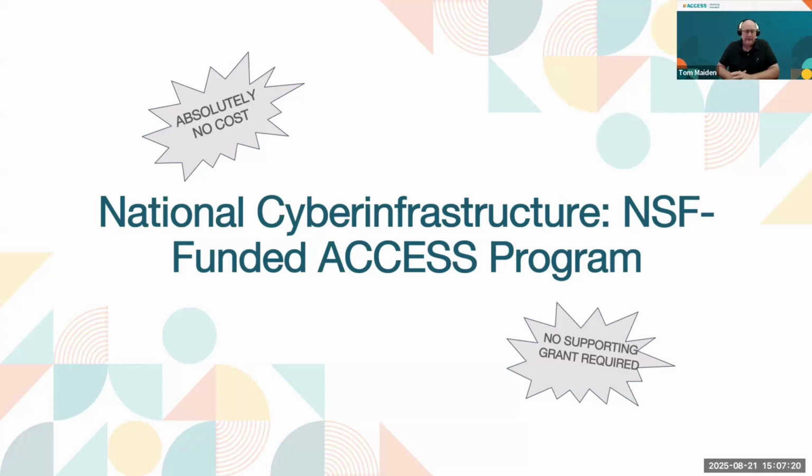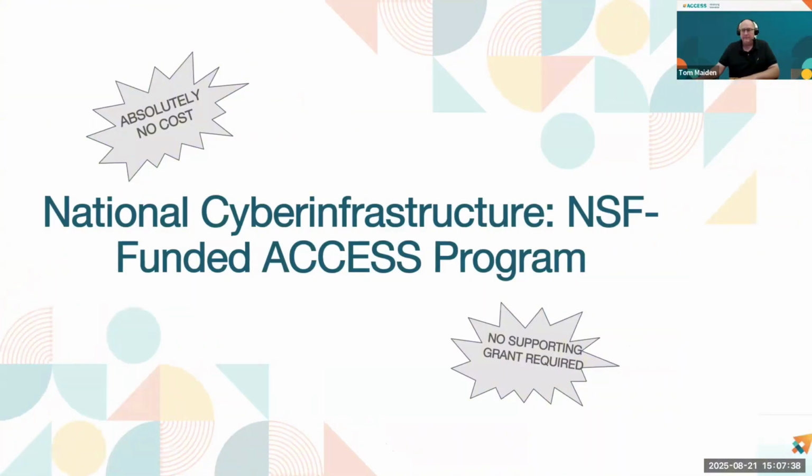What you do have to do is submit a proposal and tell us what you're going to do, but I'll get to that a little bit later. In earlier instances of this program, a lot of that had to be tied with other supporting grants, but I'll get to that in a moment as well. That's no longer needed in Access either.